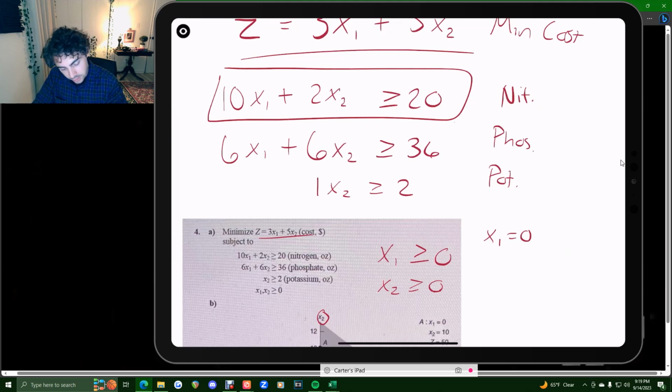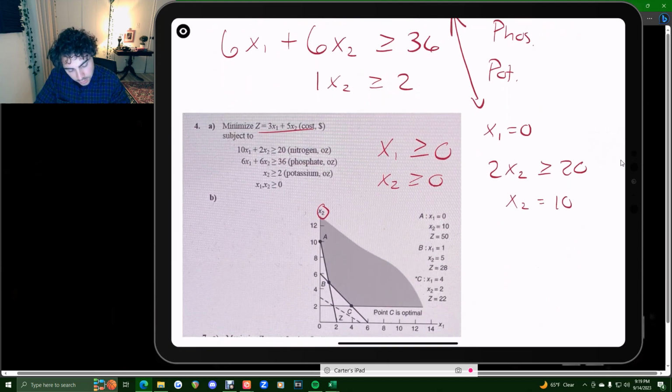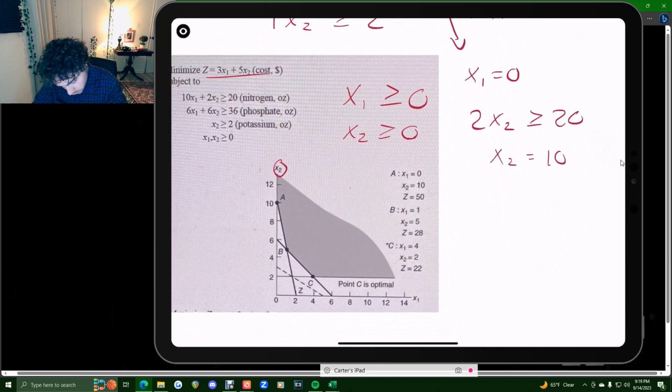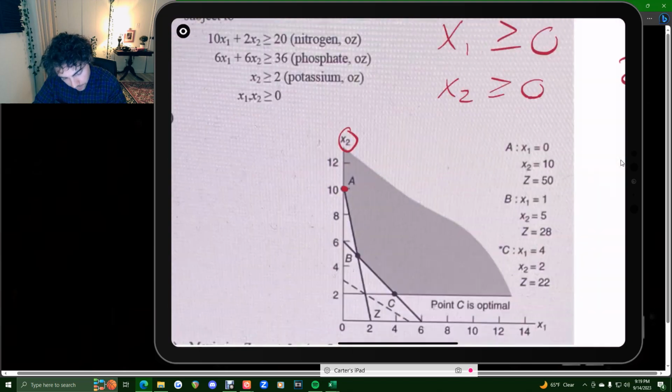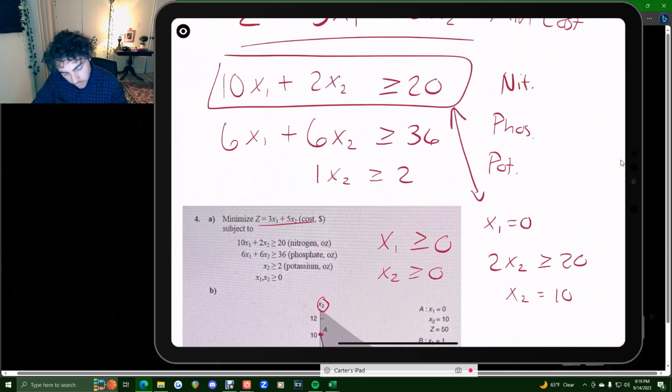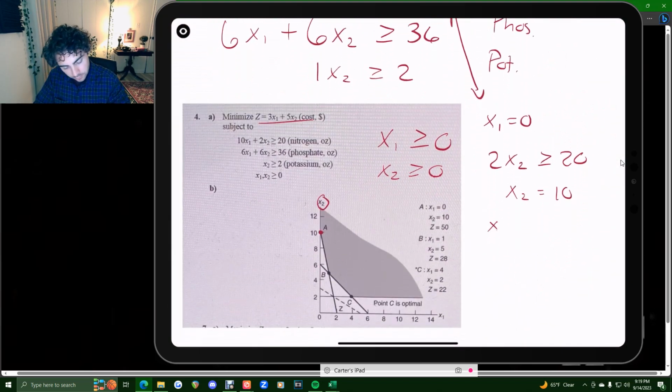Plugging in 0 for x1, we are left with 2x2 is greater than or equal to 20, and then we divide by 2, and we get x2 is greater than or equal to 10. So x2 equals 10 is your x2 intercept, which we see right there. Then we repeat the process, plugging in x2 equals 0 to solve for the x1 intercept.